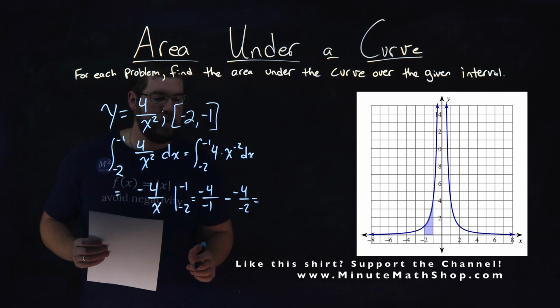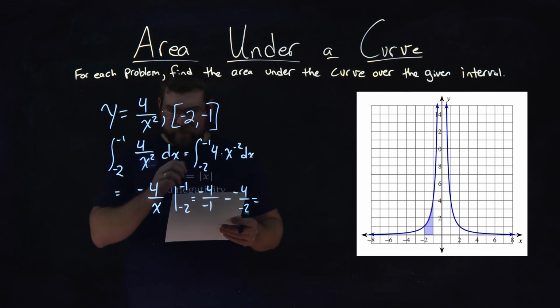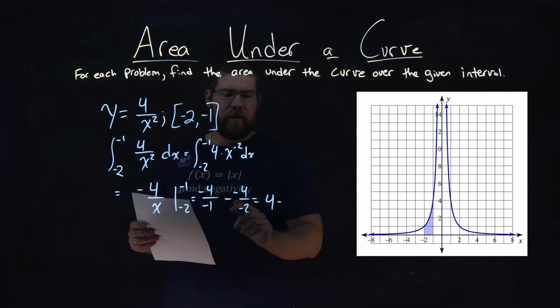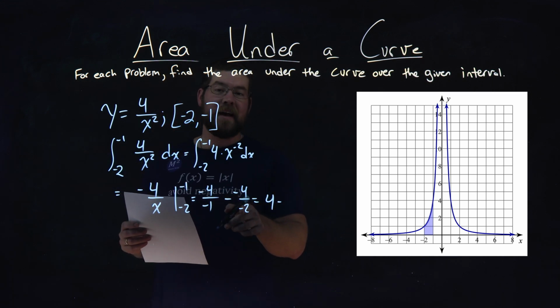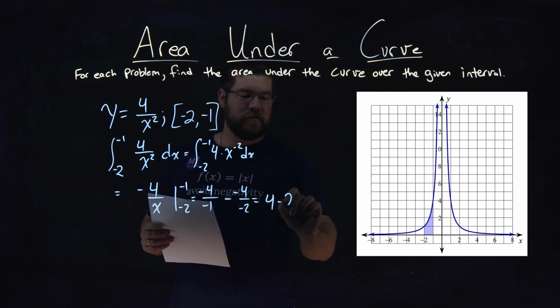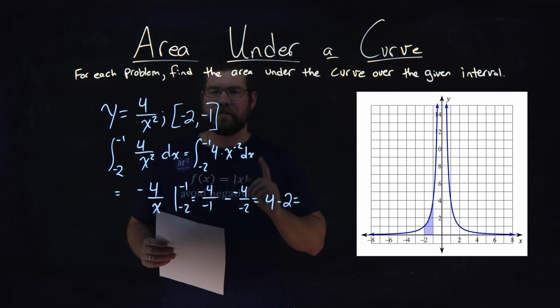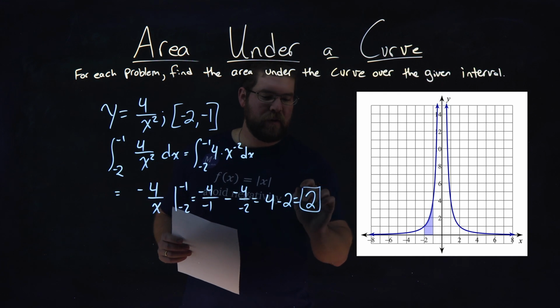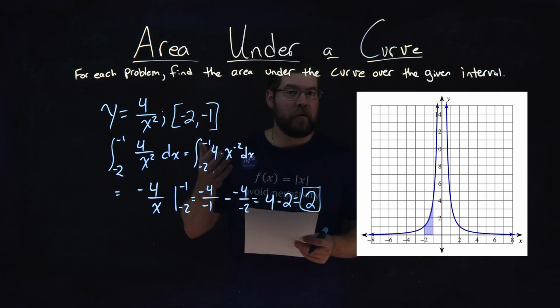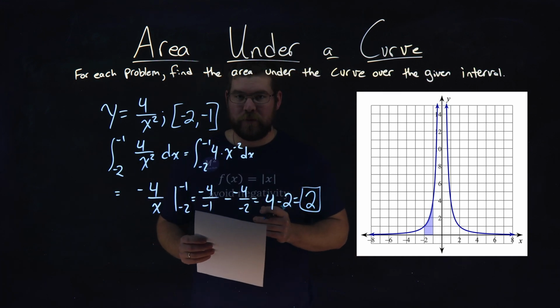This comes out to be, well, -4 over -1 is a +4, minus, 3 negatives, keep it negative, and 4 over 2 is a 2. 4 minus 2 is 2. And there we have it. Our final answer for the area under the curve is 2.